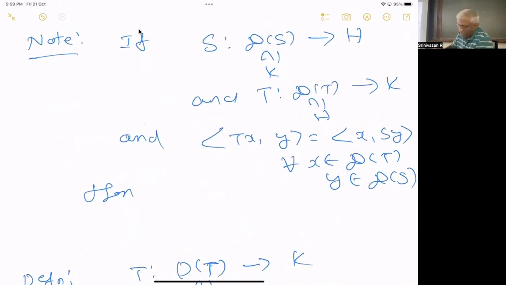Then S is contained in T star. This says that Y is in the domain of T star also. So the domain of S is contained in the domain of T star, and they coincide on it because of this condition. So S is contained in T star.